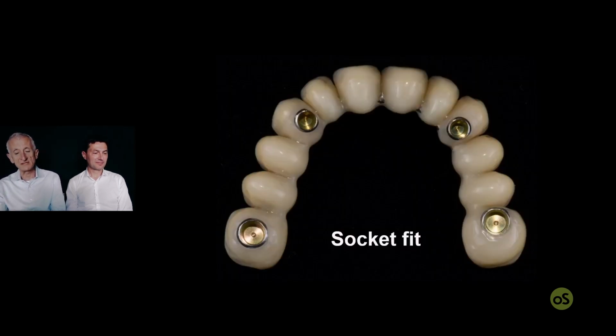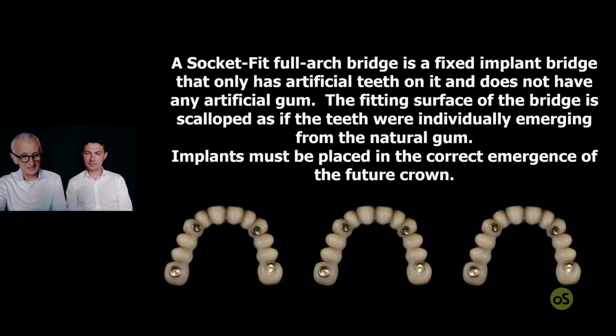A socket fit restoration, as we can read here, is a full arch bridge that only has artificial teeth on it and has no artificial gum. The fitting surface of the bridge is scalloped, as if the teeth were individually emerging from the natural gum.